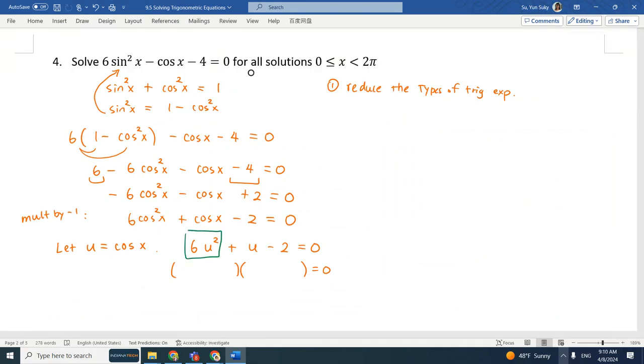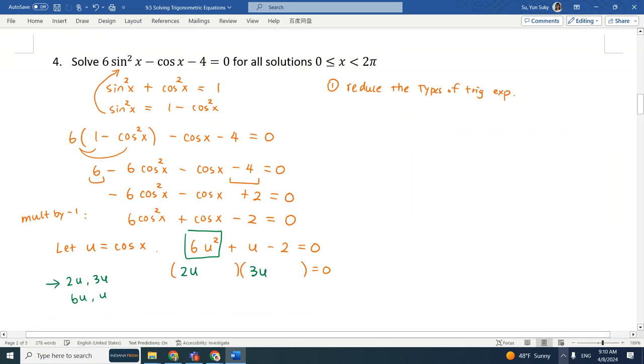What are the factors of 6u squared? 2u or 3u, right, everybody? Or it could be 6u and u. We don't know which one, right?